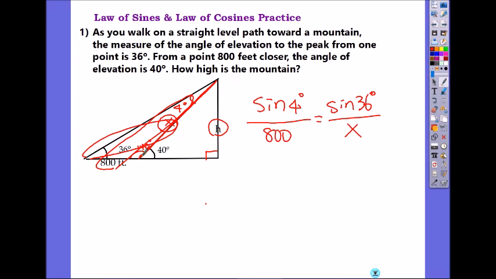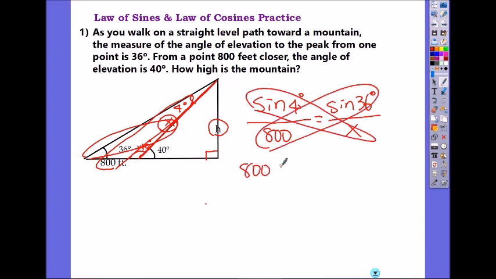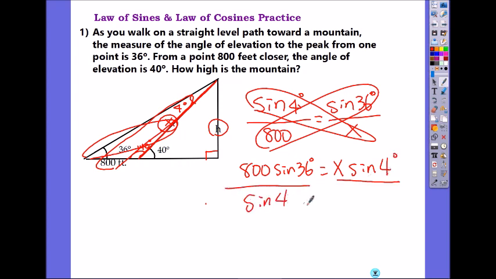You can use a system of equations, but it's much longer and more complicated, so you can use law of sine. Then you cross multiply these two. So I get 800 sine of 36 degrees equals x times sine of 4. Then you divide both sides by sine of 4 to get x.